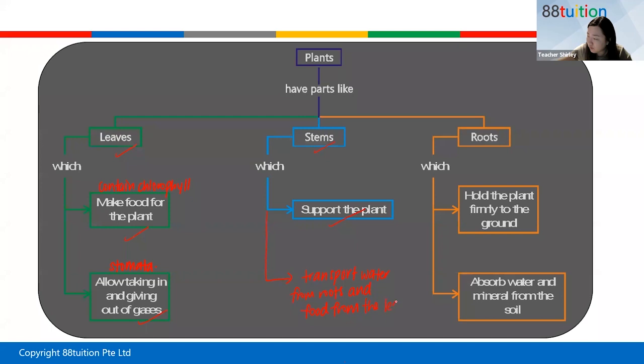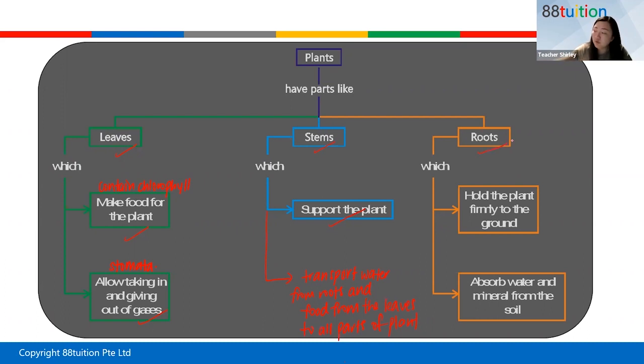The leaves produce the food to all parts of the plant. So the stem actually has 2 functions. One is to support, the other is to transport water and food around the plant.